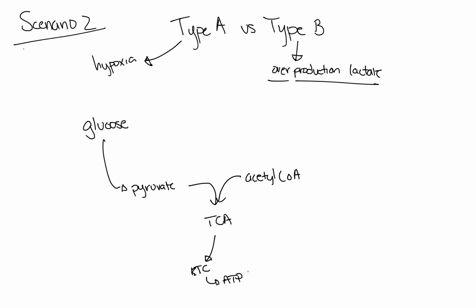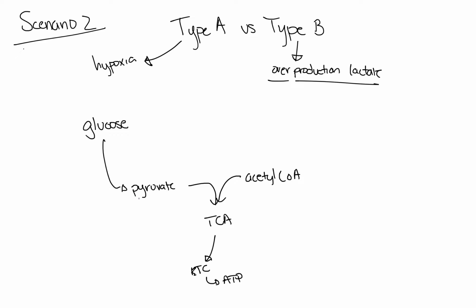Well, it turns out that things that disrupt this process are going to lead to lactic acidosis. And here are some examples. First I want to introduce the idea of anaerobic metabolism.